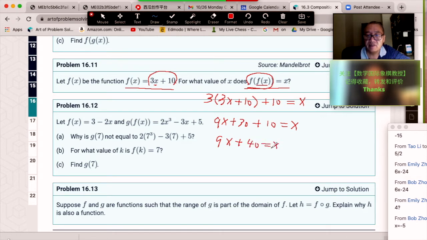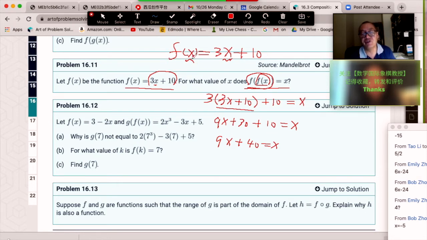Excuse me? Yes? I don't understand how you got 3 times (3x plus 10). Yeah, you don't understand this. Okay. See, here, because they put this one here, right? You know, f(x) equals 3x plus 10, right? Now this variable is x, right?